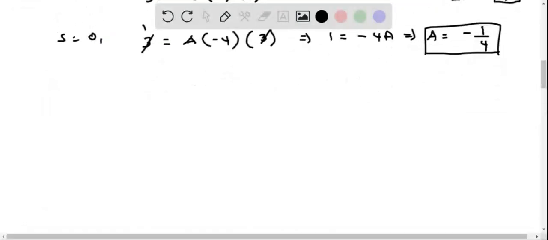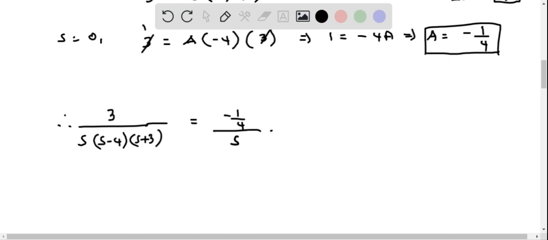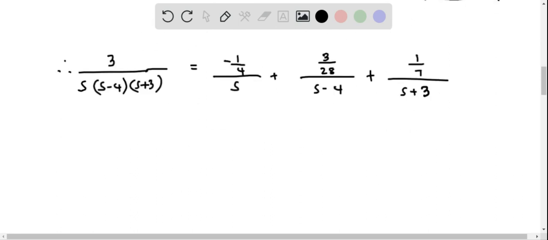So we write 3 divided by s times s minus 4 times s plus 3 equals A, which is negative 1/4, divided by s, plus B, which is 3 by 28, divided by s minus 4, plus C, which is 1 by 7, divided by s plus 3. And so this can be simplified further.